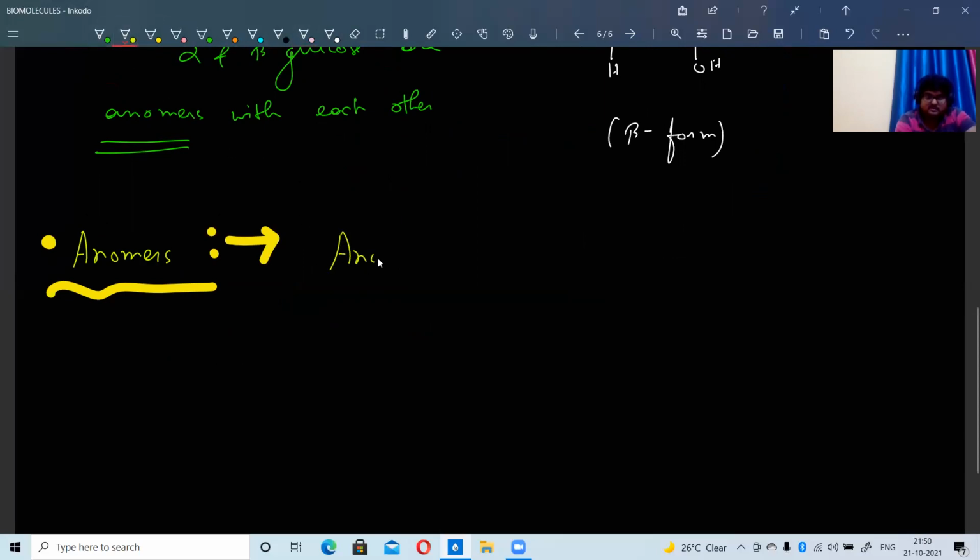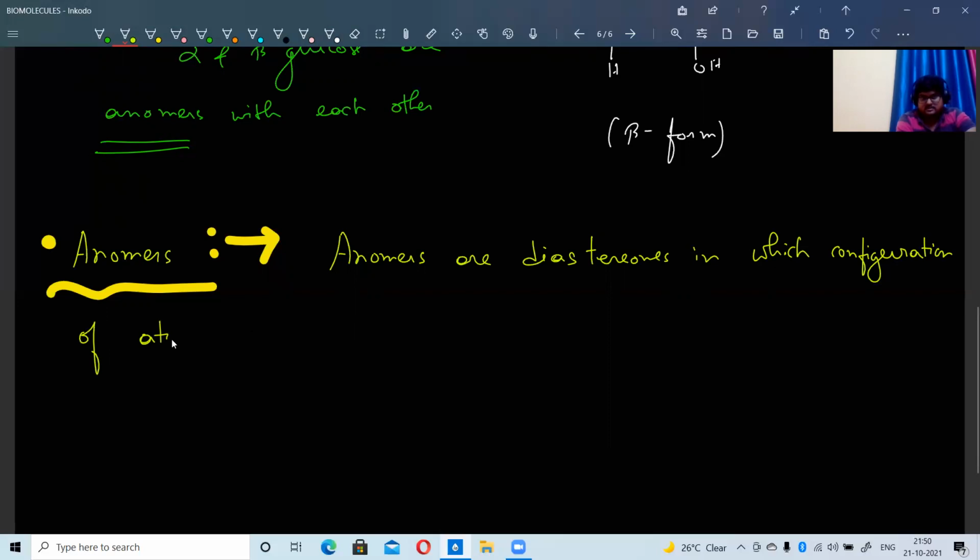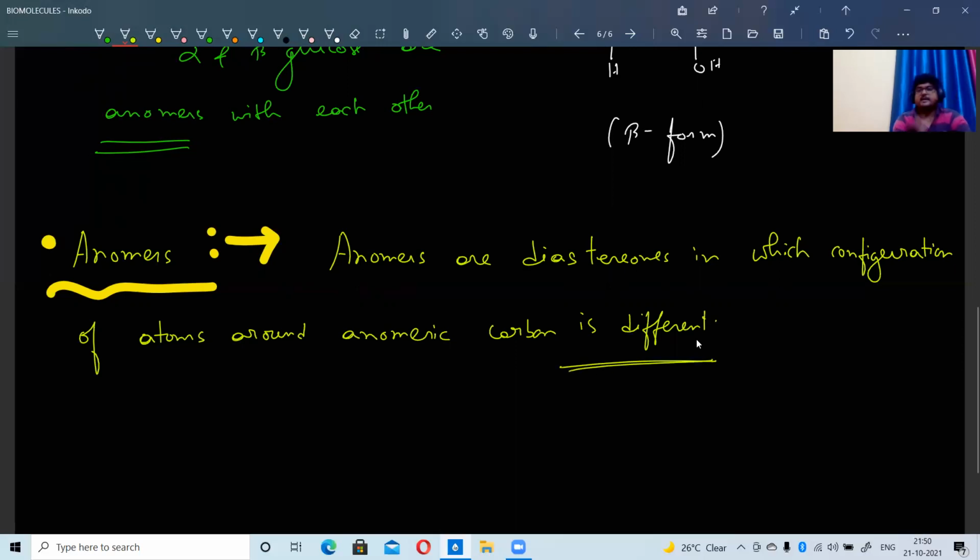Just write down, anomers are diastereomers in which the configuration of atoms around the anomeric carbon is different. Is it clear? So that is the end of the glucose part.